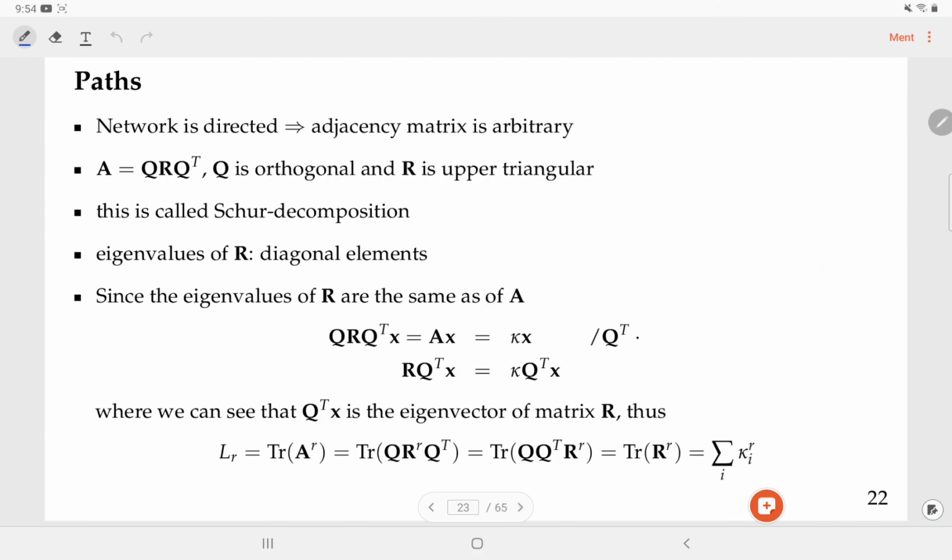A similar property holds for directed networks. I'm not going to explain this slide, but you can see that the derivation results in the same fact. So don't worry about these two or three slides.